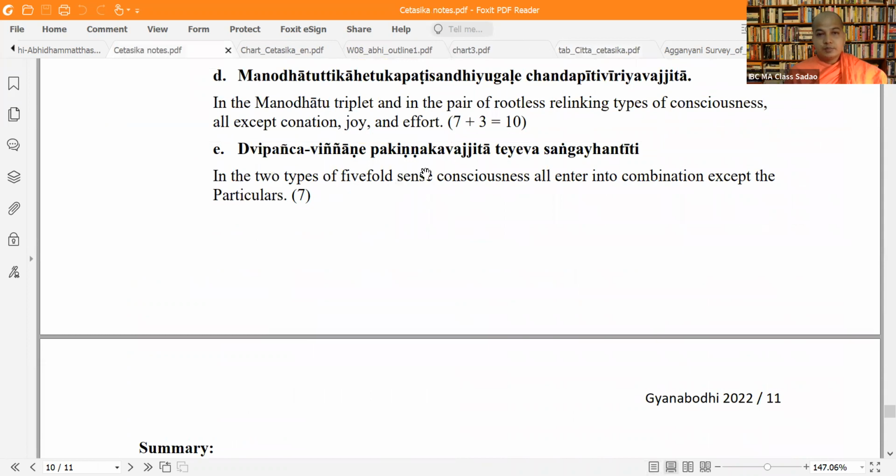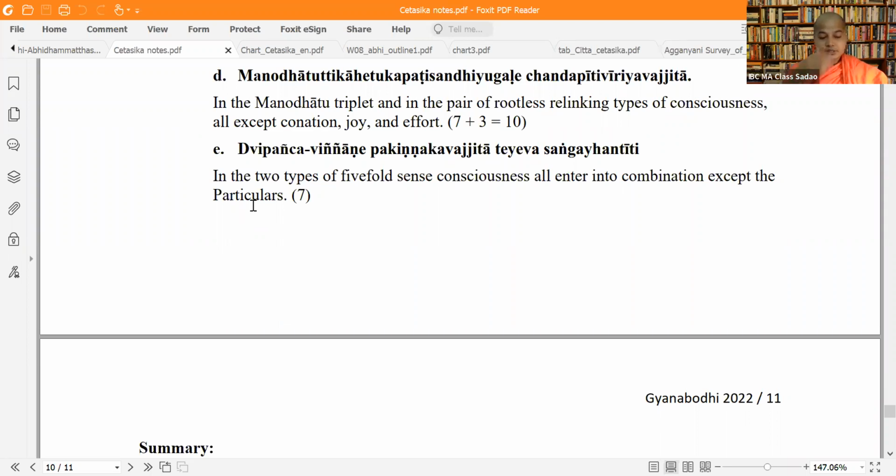Dvi Pancha Vinnana Pakinnaka Vajjita Teyeva Sangahitati. In the 2 types of 5 sense consciousness, all enter into combination except the particulars. Dvi Pancha Vinnana, we have discussed this earlier.